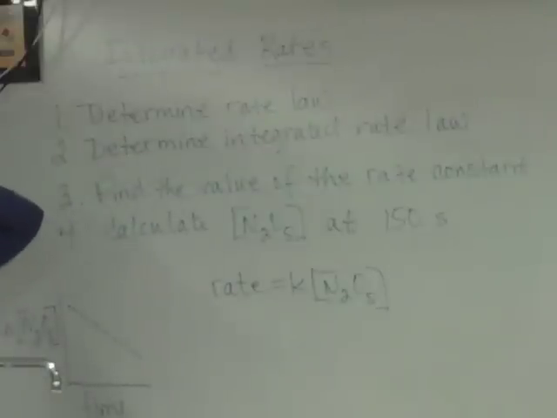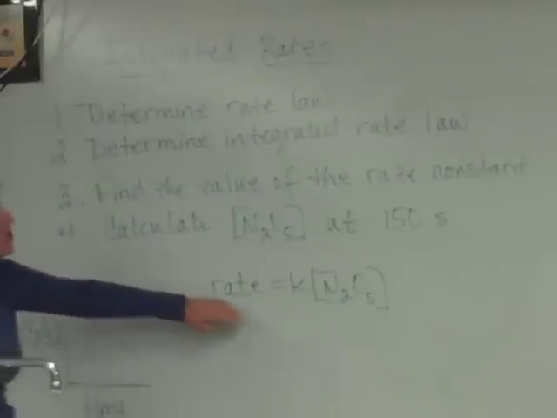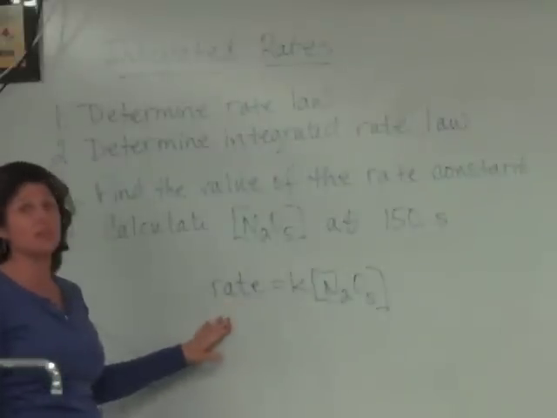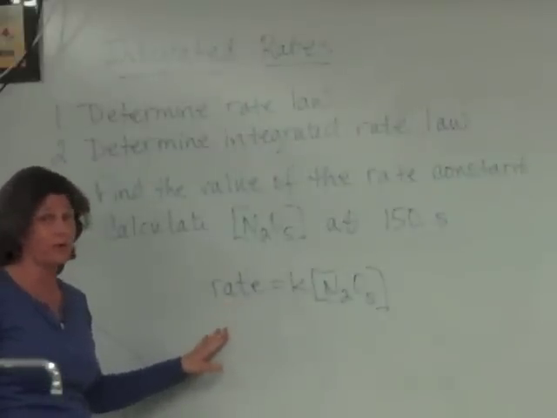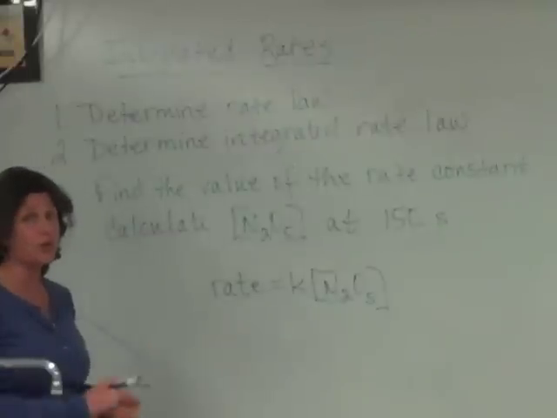Integrated rate law. Where are you going to find how to write an integrated rate law for this? This is going to come from the rate law table that I had you copy into your notes.